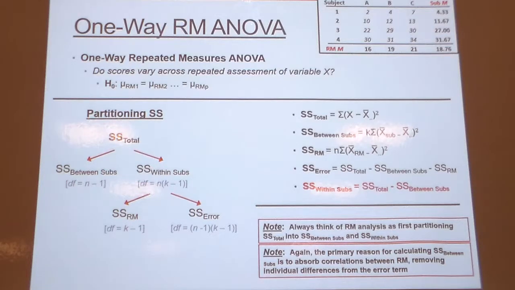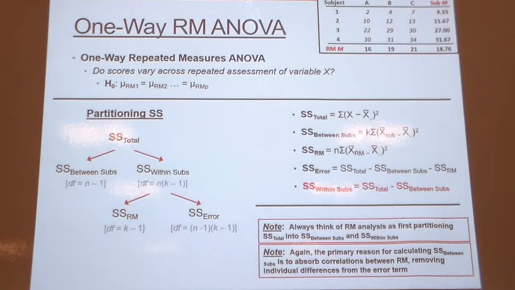And so what we're going to do with our repeated measures design is, remember, for our between, we're measuring things into within and between, right? Here we're going to section out our between subjects, or well, let's start with our total. So our total score is going to be each person's individual score minus the grand mean, right?